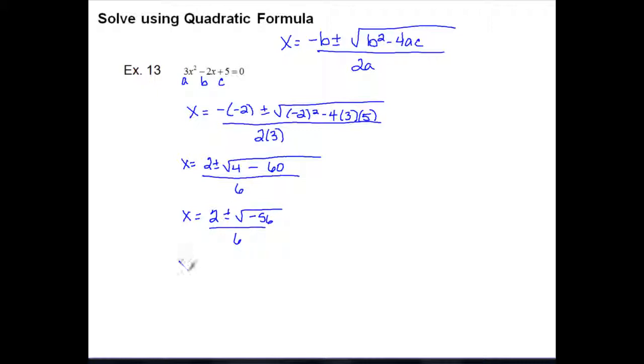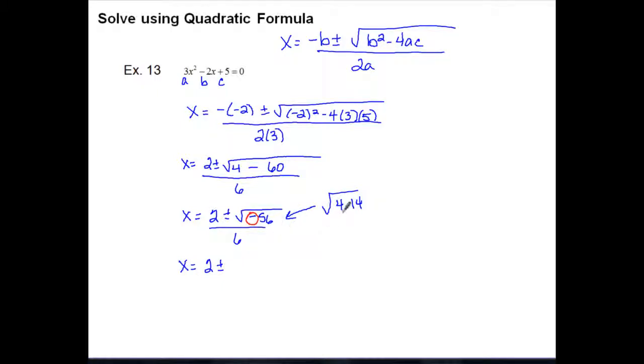Okay, so I have a couple of things happening here. I have this right here that becomes an i on the outside. I also have 56, which will simplify. 56 is 4 times 14. So let me erase that i a little bit.